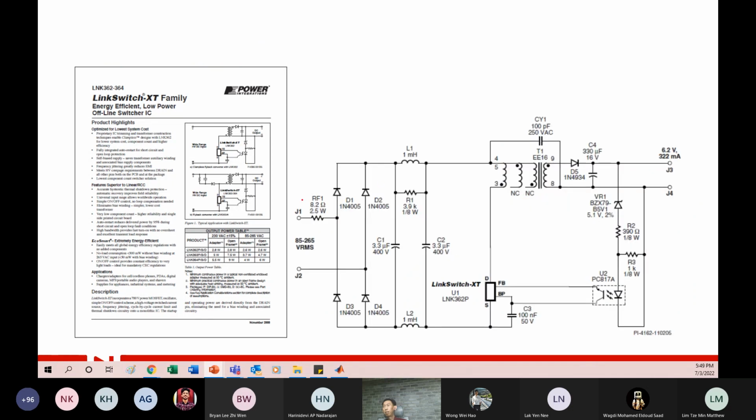This is another example. You see where to get the 12 volt. In fact, they are applying 230 volt, and it goes through a bridge rectifier, then comes in here and steps down, and you will get 5 volt or whatever voltage you want for your power supply.